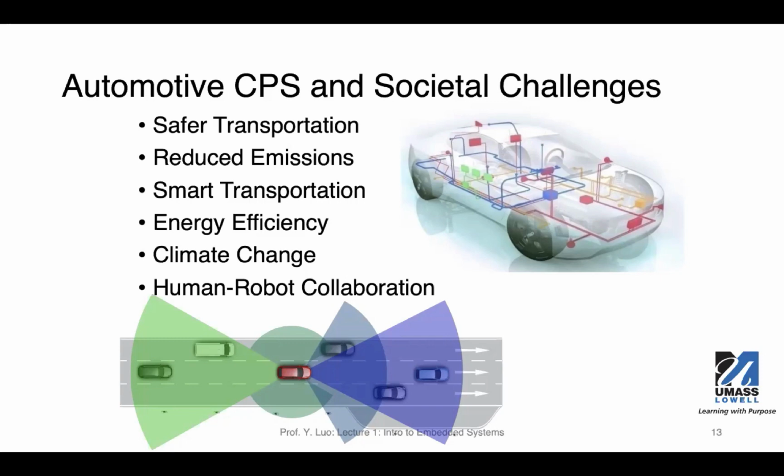And when we move into battery-powered vehicles, we would have to talk about energy efficiency, so that we can reduce the impact to the environment, and also alleviate the impact to climate change.